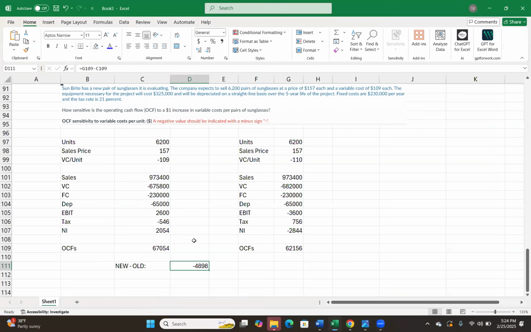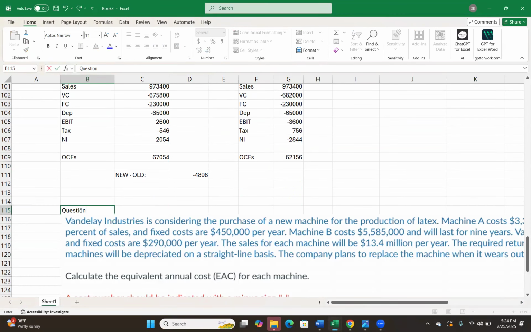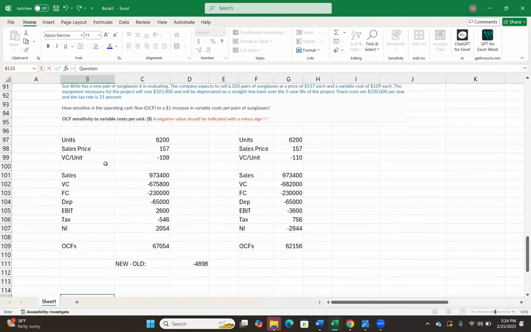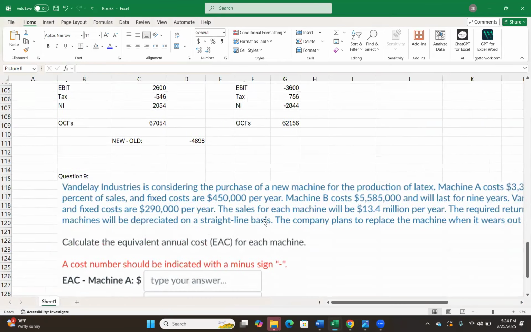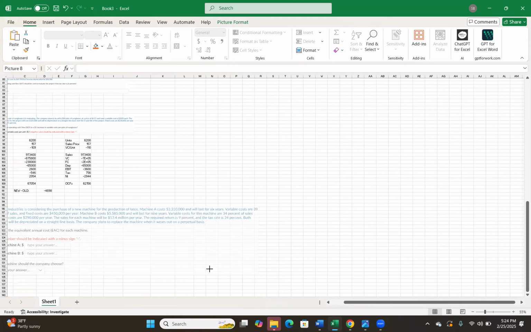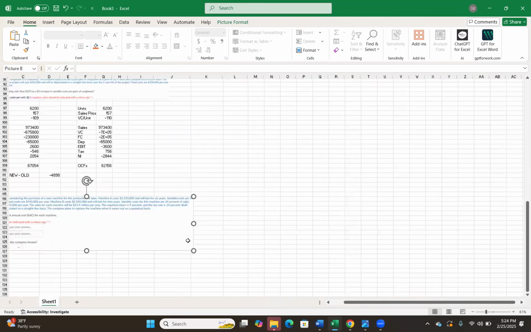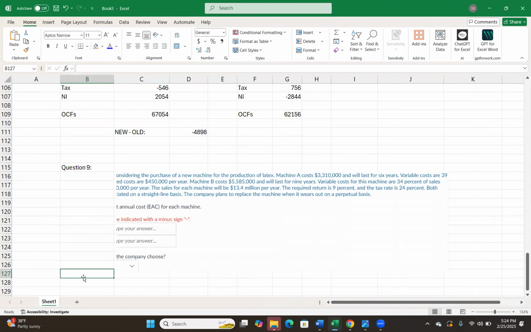Okay. Question. What one is this? 9? Yeah. Okay. This is a big one. Sweet. So before we start anything, why does it do that?